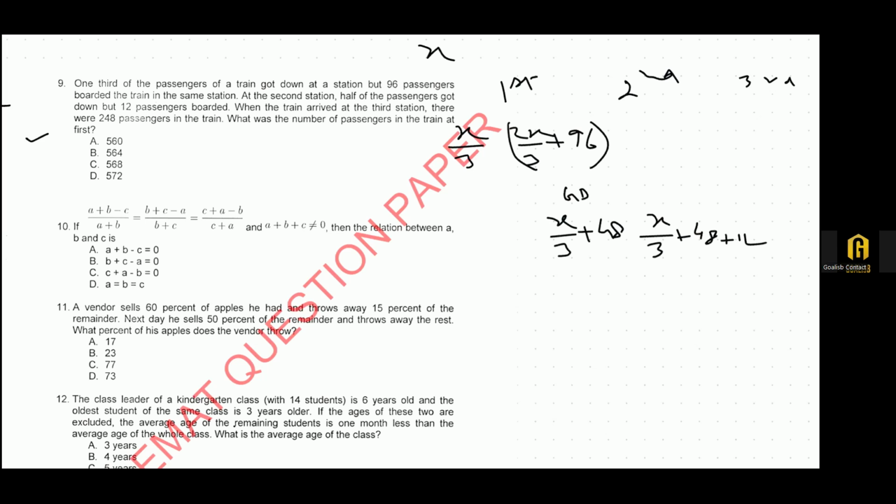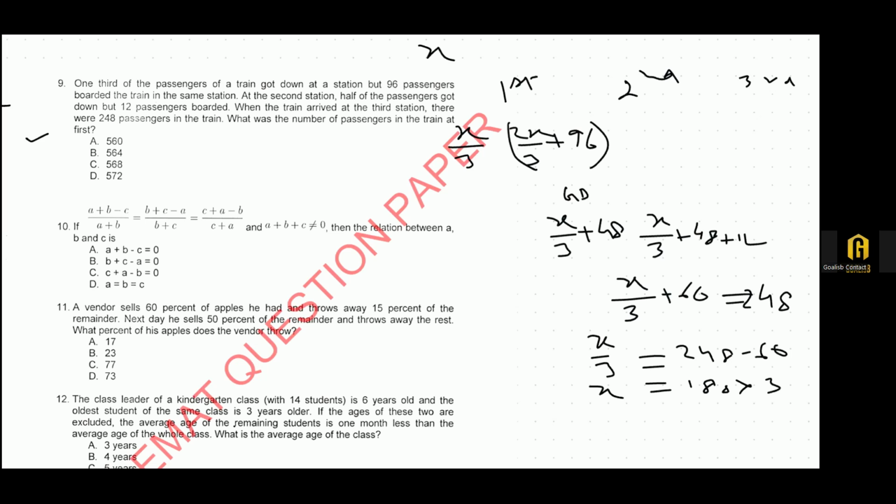Okay. When the train arrived at the third station, there were a total of 248 passengers. So this number should be equal to 248, because when it reaches station 3, the people who were there when it left station 2 should be the same. So x/3 will be equal to 248 minus 60. x will be equal to 248 minus 60, which is 188, multiplied by 3, which gives you 564.